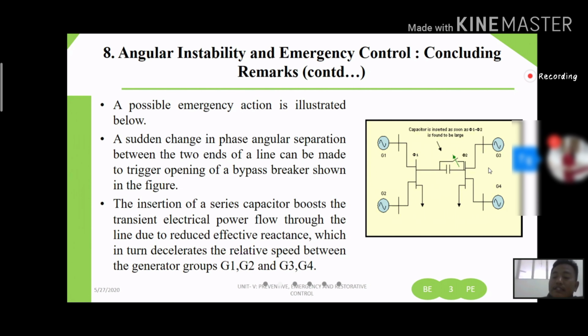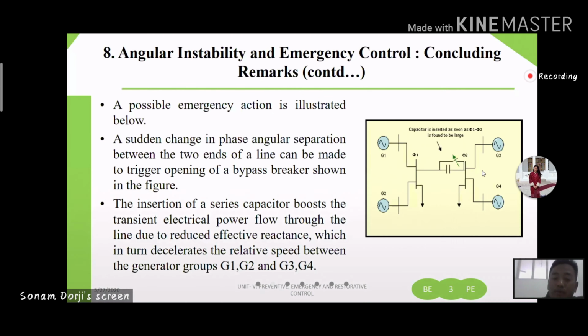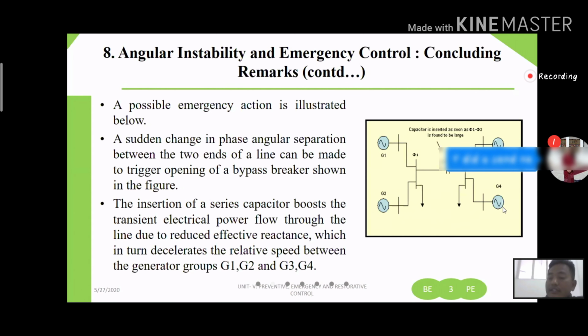Now, inserting a capacitor, how will you try to minimize the phi 1 minus phi 2? When you insert a capacitor, it will boost or increase the transient electrical power flow. Why? Because it will reduce the effective reactance, and when it increases the transient electrical power flow, it will de-accelerate the relative speed between the generator groups G1, G2 and G3, G4.